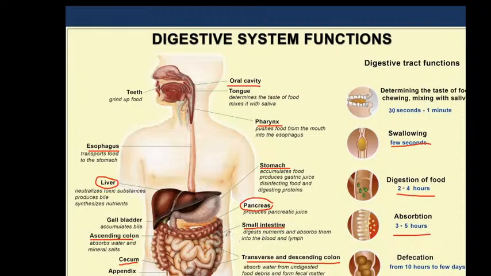It is not possible for these secretions to come to the stomach or large intestine, only into the small intestine. And the last process we call defecation. It takes from 10 hours to a few days. So you can imagine how long is the process of the whole digestion of the food in our organism, in our body.